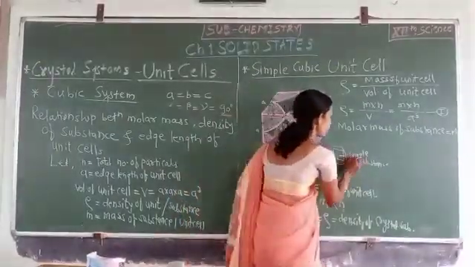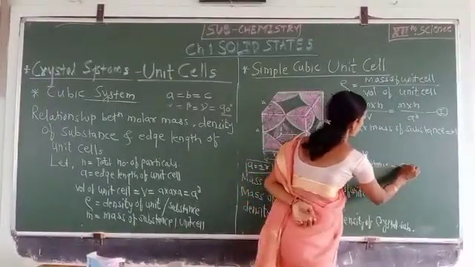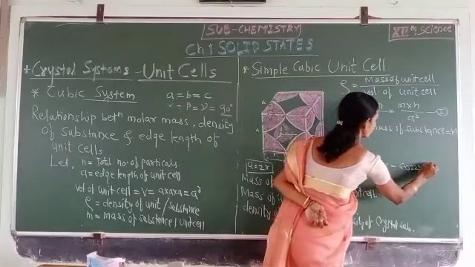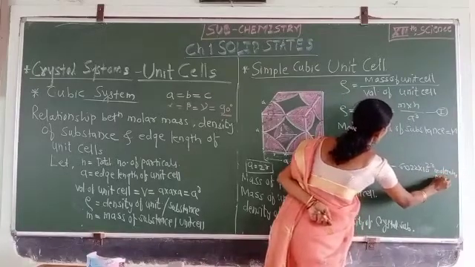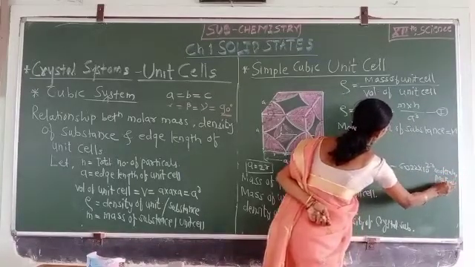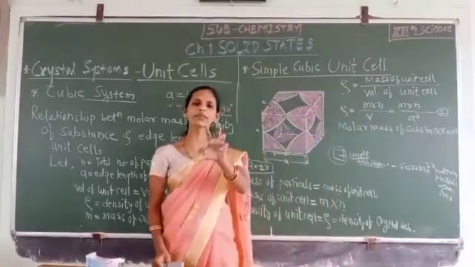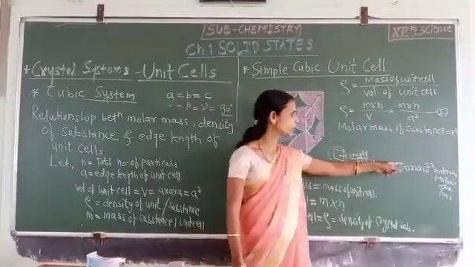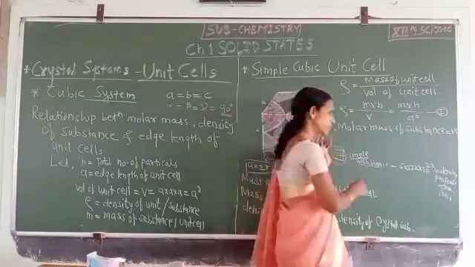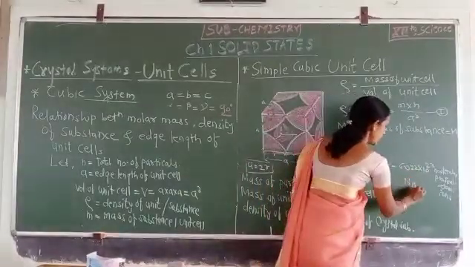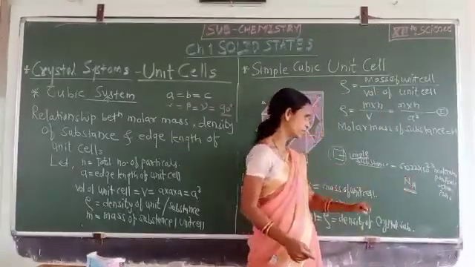Then see here, any 1 mole of substance contains 6.022 into 10 raised to 23 molecules, or atoms, or ions. That means it is N A, that is the Avogadro number, the number of particles.